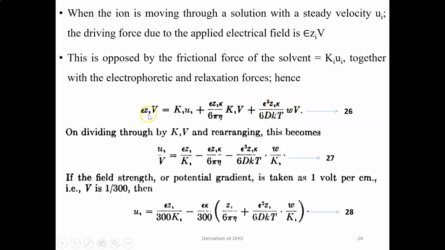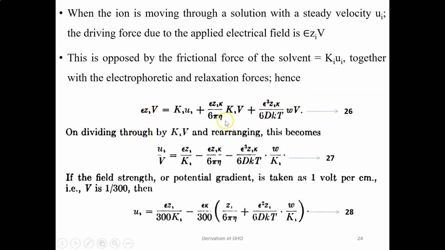So here you are equating the force due to the applied field to the frictional force, which is retarding the motion of the ion, the electrophoretic force, which is also retarding the movement of the ion, and the relaxation force, which is also retarding the movement of the ion.